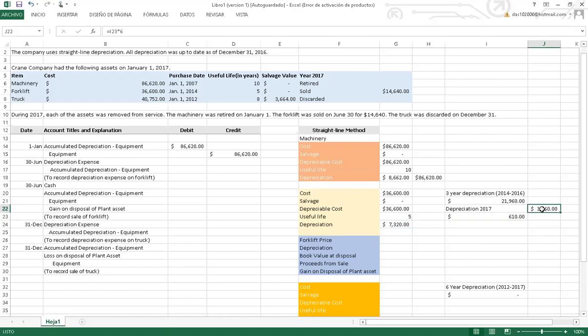And then we multiply that by the 6 months from January to June that the forklift was used in the company. That gives us an amount of $3,660. And that's the first journal entry that we're going to make to record the depreciation expense of the forklift for the 6 months of 2017 that it was used.